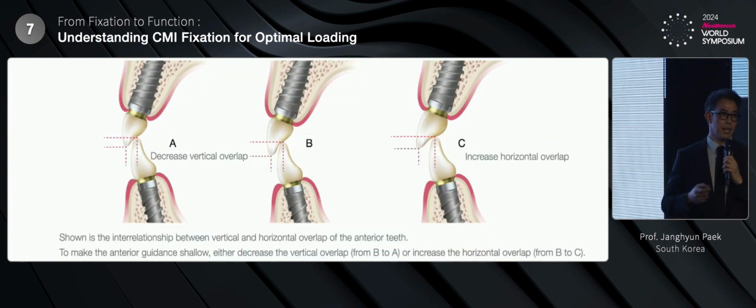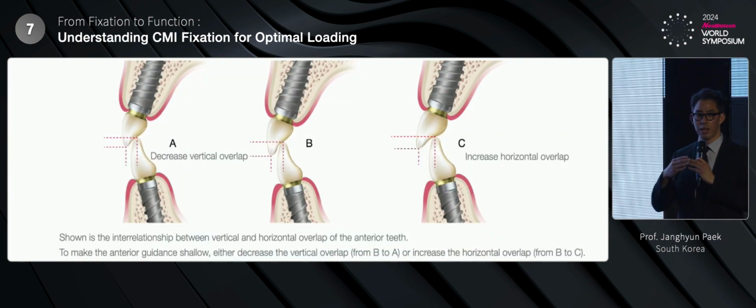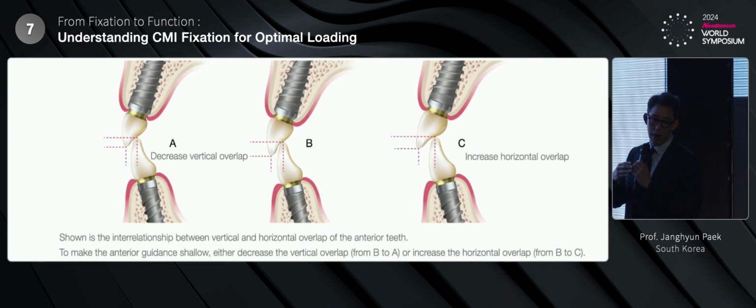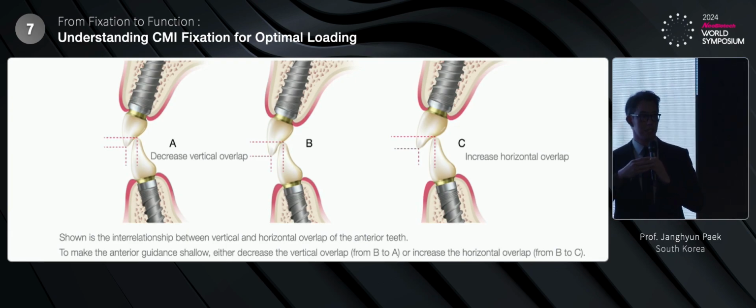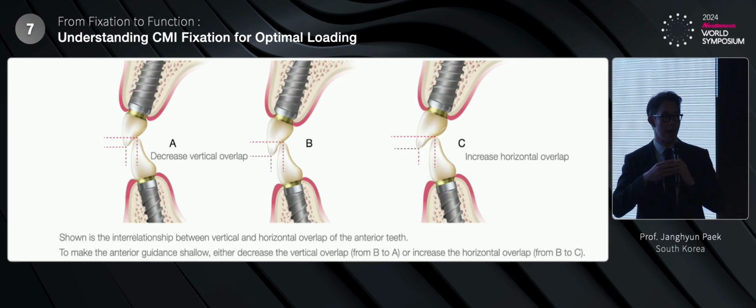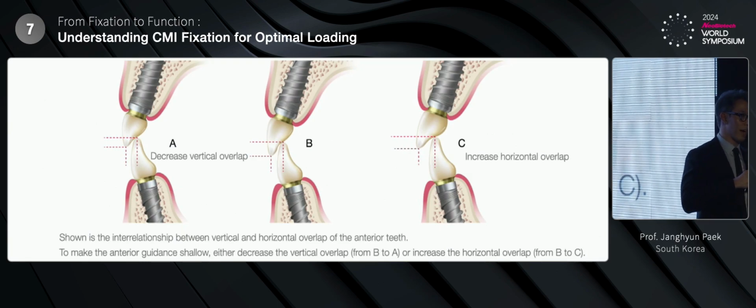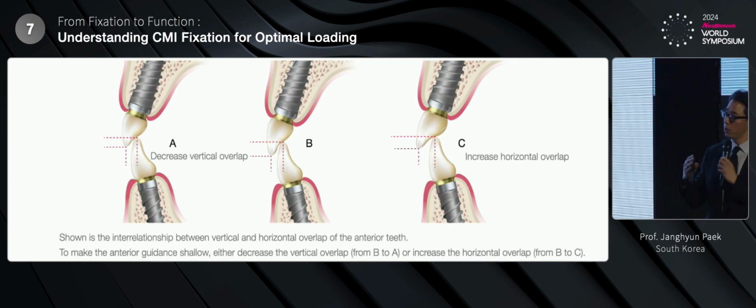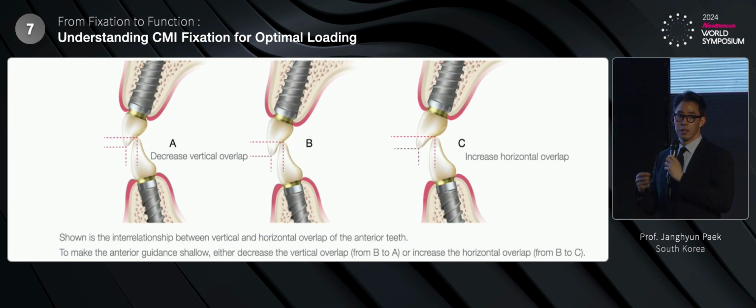So in anterior cases, not only do we have to make it out of occlusion, we have to decrease the anterior guidance. We have to make a shallow anterior guidance. How do we make the shallow anterior guidance? Number one, we have to decrease the vertical overlap. That means we have to make anterior teeth a little bit short.